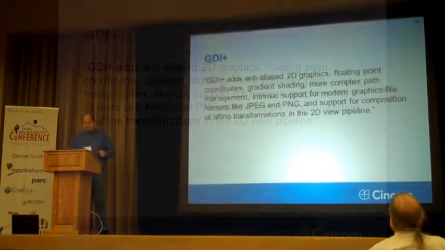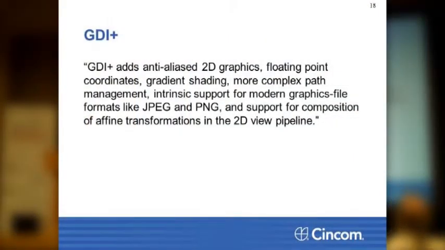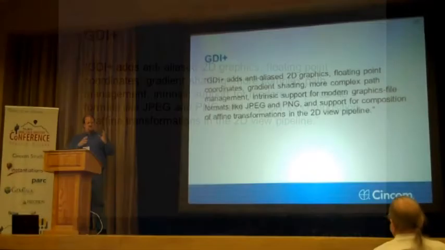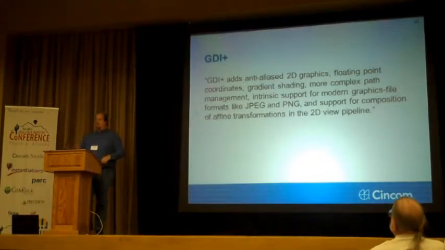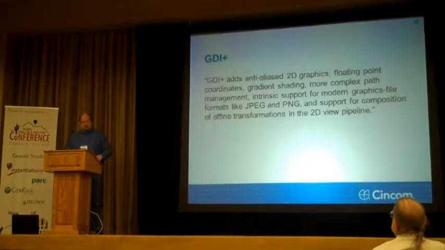It adds a lot of stuff that you were missing in Windows before Windows XP actually. Stuff like anti-aliasing, floating point coordinates, gradient shadings, complex mask management, and something that I always wanted to have, JPEG and PNG support, without me writing the decoder or encoder.